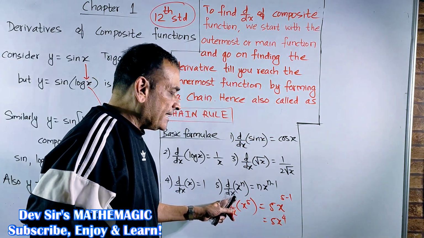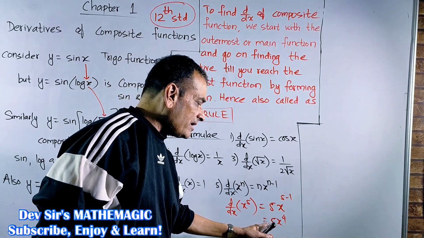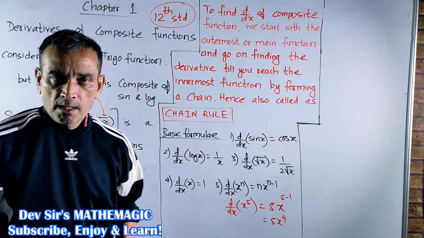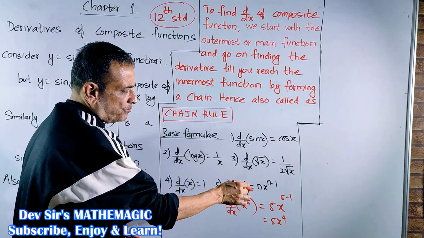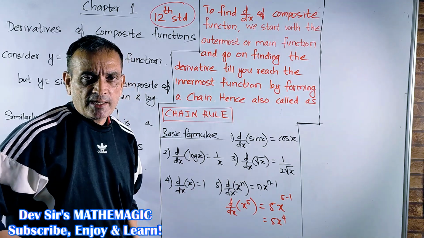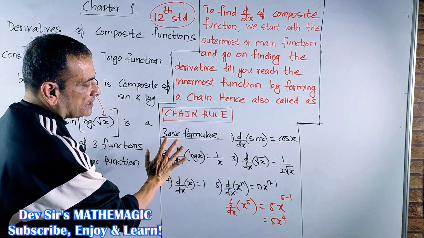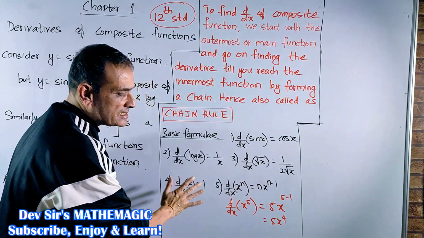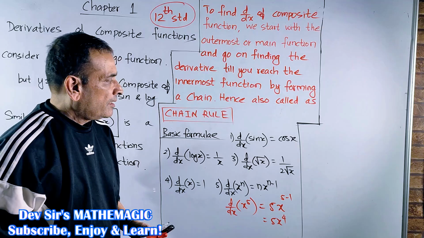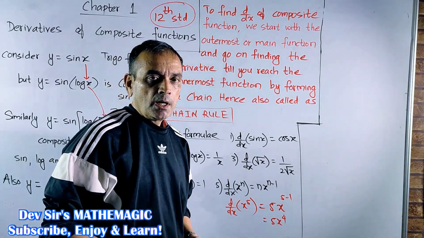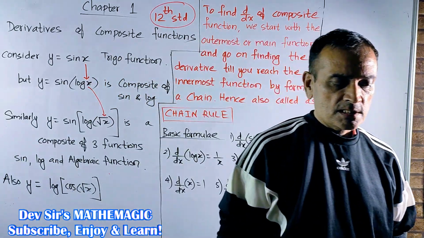So derivative of x raised to 5 is 5x raised to 4. Clear? ये भी most often use करने वाले derivatives. Clear? Okay, now based on these 11th standard formulae, let us see how to solve derivatives of composite functions.